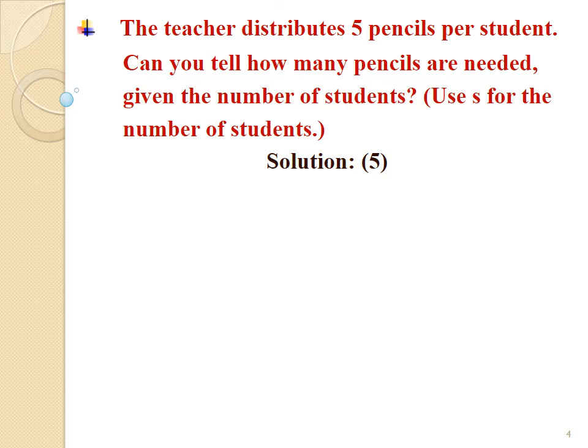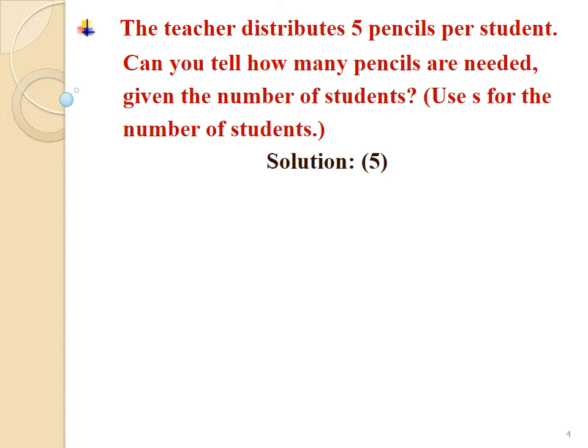By reading the question, it becomes clear that we have to write the rule for the total number of pencils needed to distribute to the number of students, and the number of students is variable. And for the number of students, we have to use variable S.